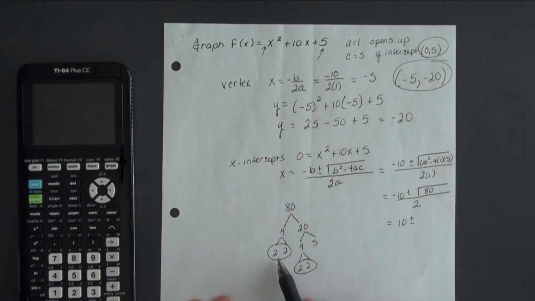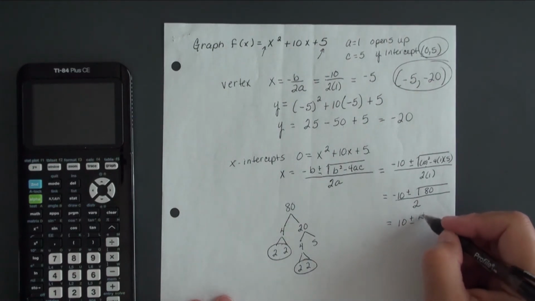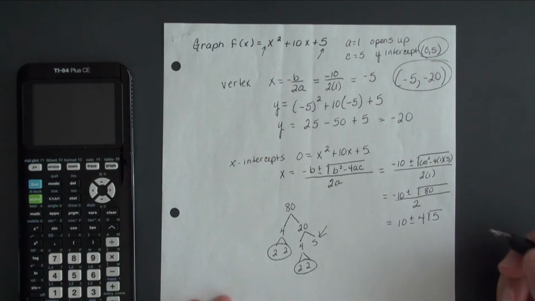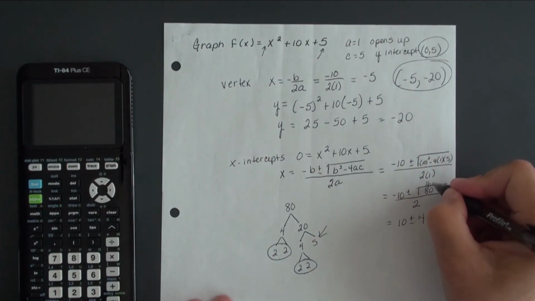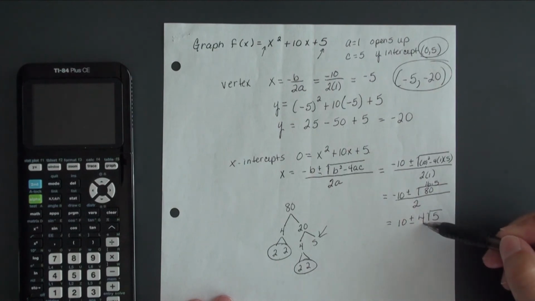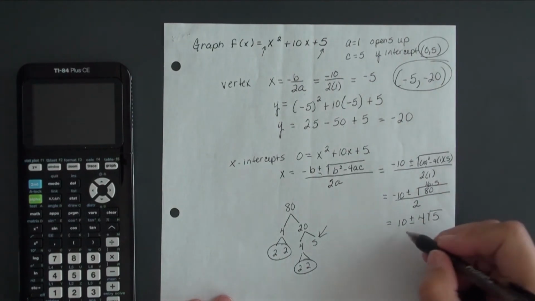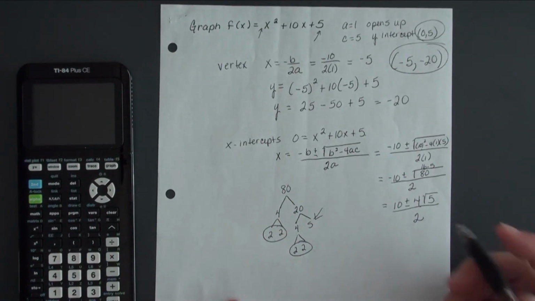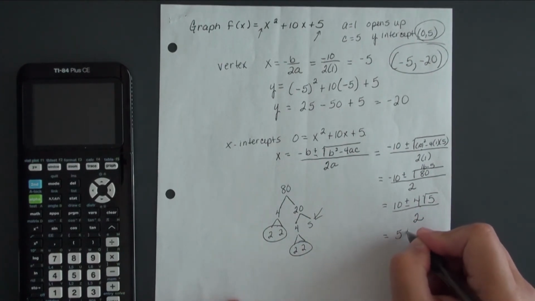So 2 times 2 is 4, and we have the 5 left underneath the radical. In other words, 80 was 16 times 5, and the square root of 16 is 4. And we're left with the square root of 5, all over 2. And I can divide a 2 out of each of those.